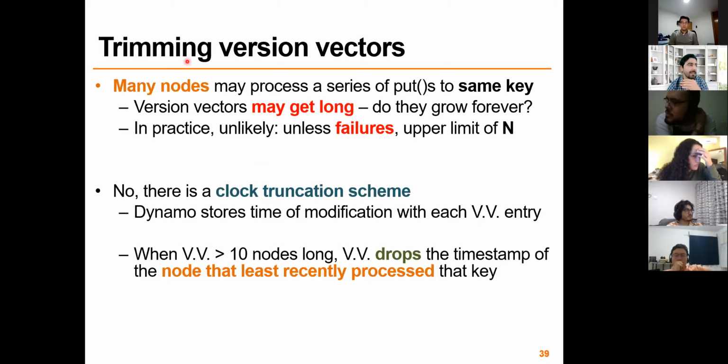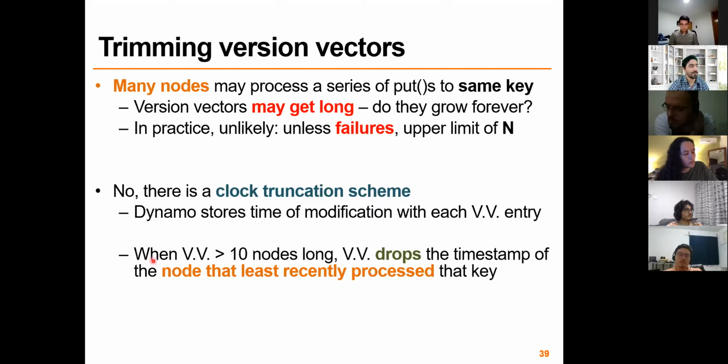And there is this talk about trimming version vectors, because the version vectors you have can get long, but they're not supposed to grow forever. So in practice, you truncate that list, the version vector list.